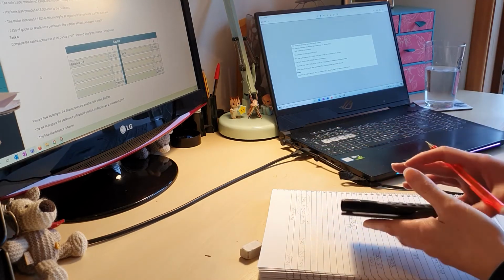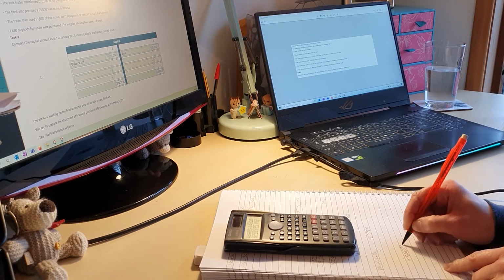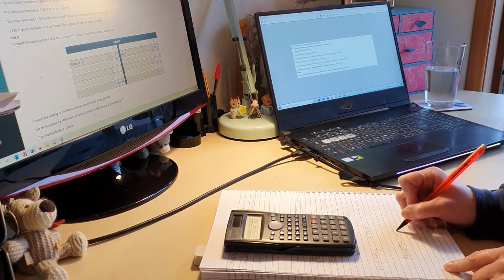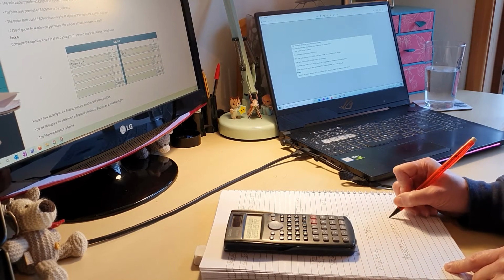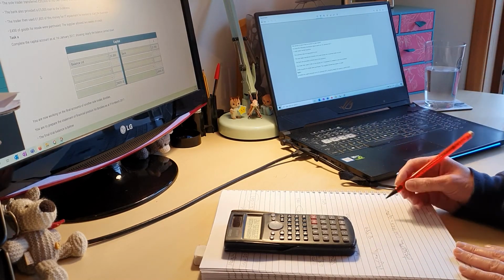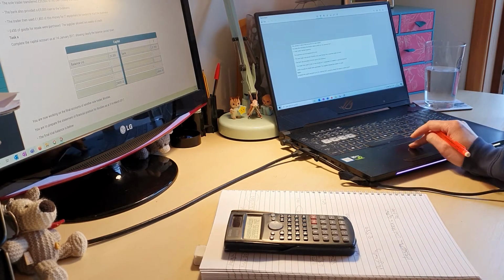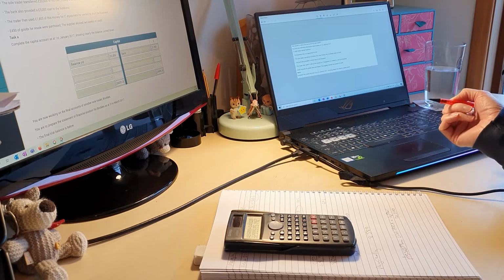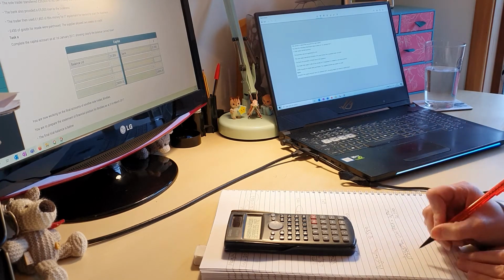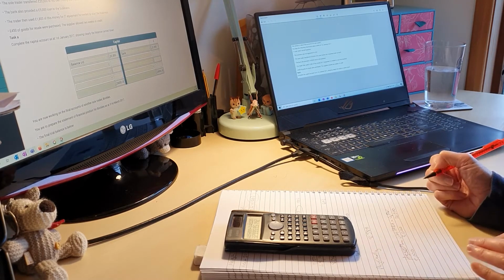Am I missing something? Okay, so we have 20,000 capital. The bank has provided a 5,000 loan to the business. So we've got 5,000 and we've got 5,000.